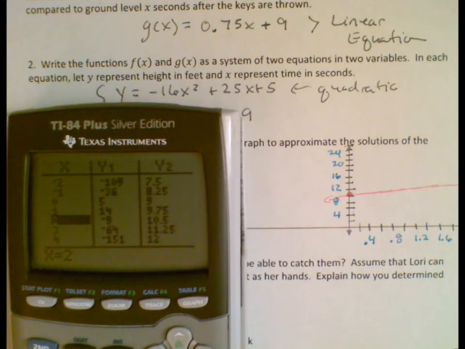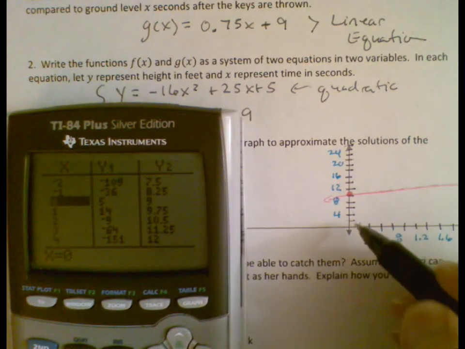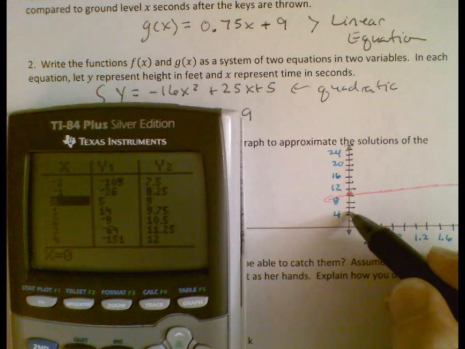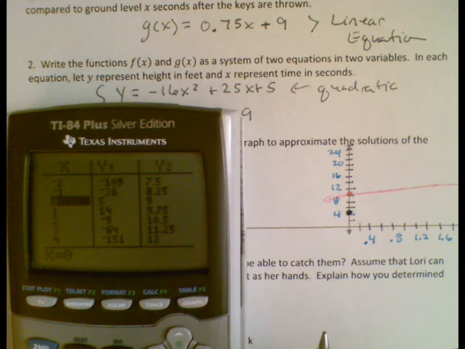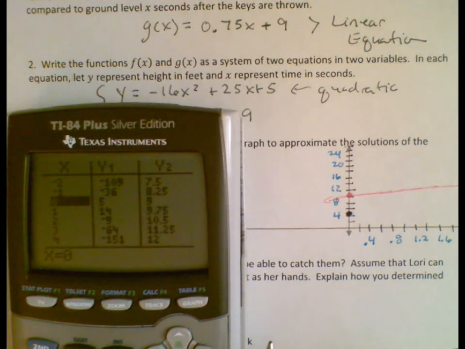Now I'm going to do my quadratic. So that's my y1. So 0, 5. That's going to be my y-intercept. It's about here. And let's see if I can get where it comes down.